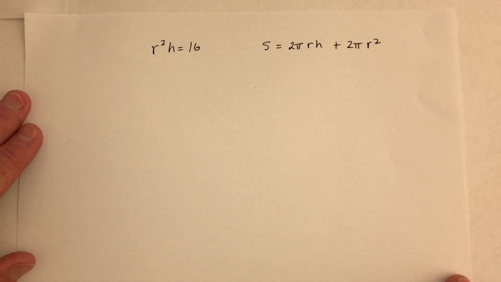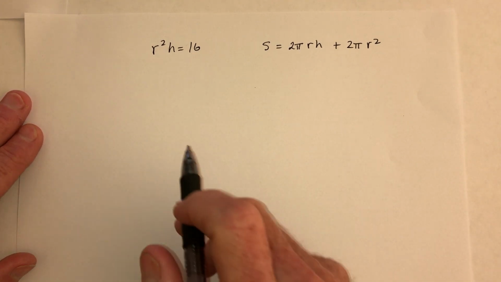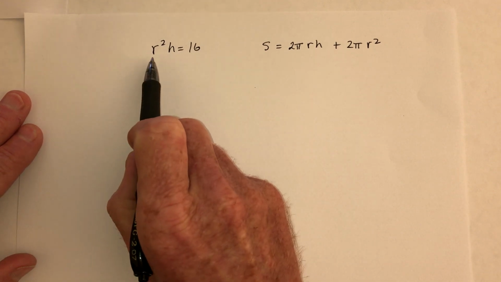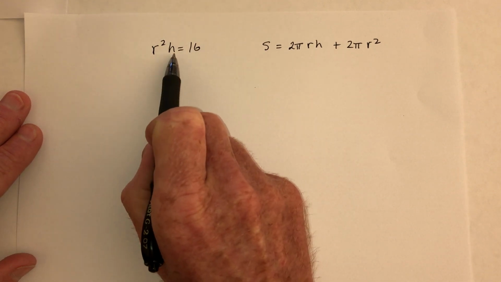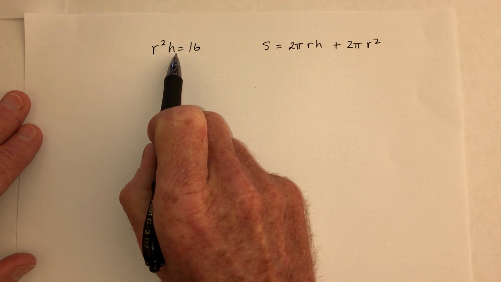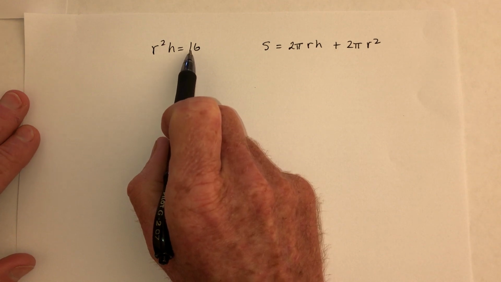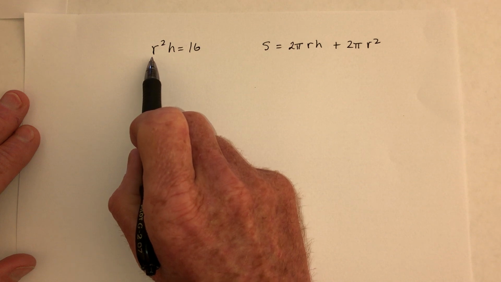Okay, now take the derivative with respect to r. So you've got 2 variables, r and h, so take the derivative with respect to r. I could move the 16 over, and then it would be a negative 16, and the derivative of negative 16 is 0. Or I could leave the 16 right there, and the derivative of 16 is 0. So no matter what, the 16 is going away. So take the derivative with respect to r.